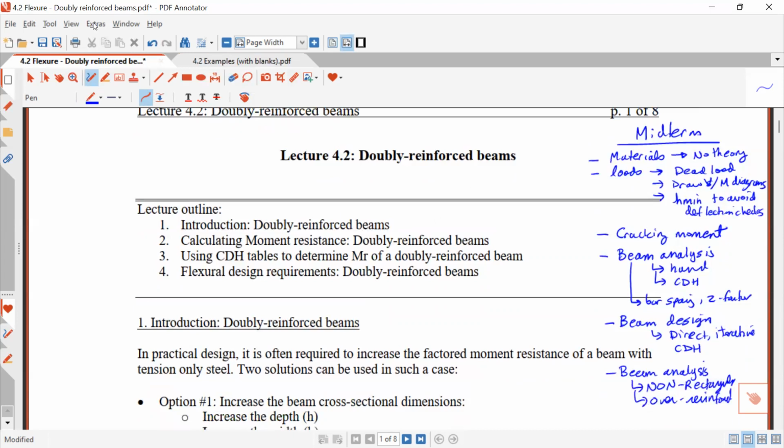So definitely study these non-rectangular beams, how you analyze them, how you analyze the over reinforced beam, and how to do bar spacing, Z factor, and a basic beam analysis. And then there's all the other stuff. Anything is fair game on the midterm, but those things that I highlighted are most likely going to come.